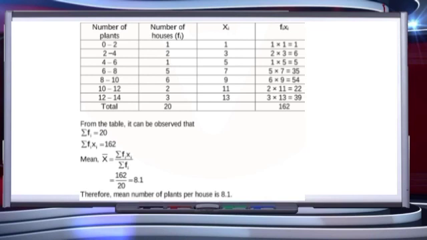Next 6 plus 4, 10 by 2, that is 5. Next 8 plus 6, that is 14 by 2, 7. Next 18 by 2, that is 9. Next 10 plus 12, that is 22 by 2, so xi becomes 11. 12 plus 14 by 2, 26 by 2 is 13.